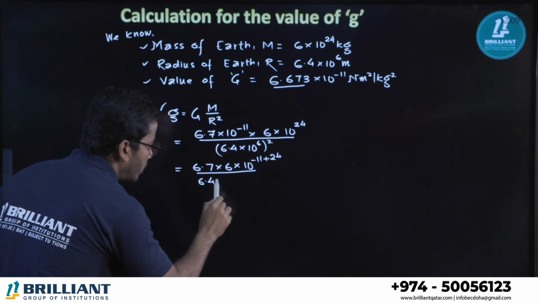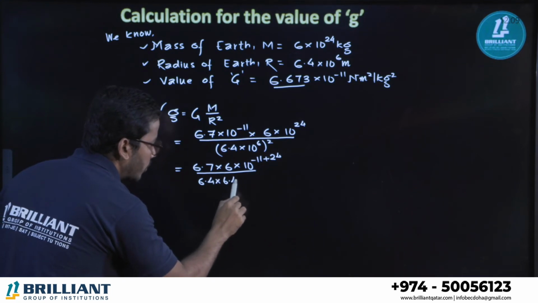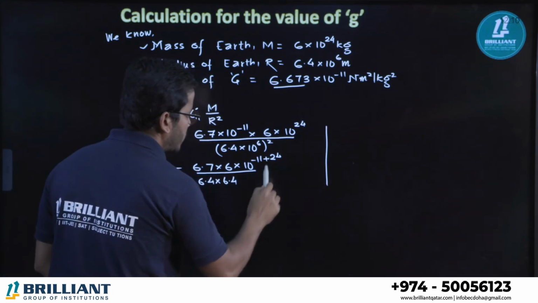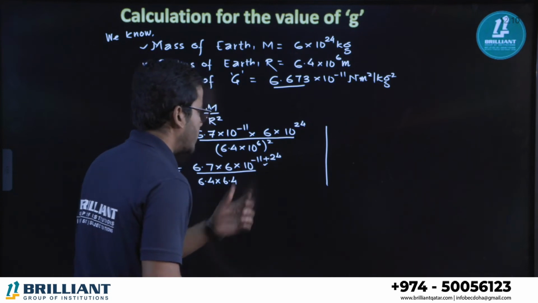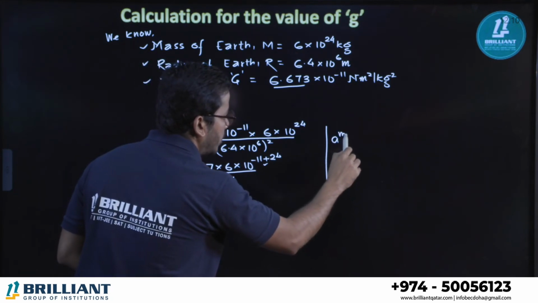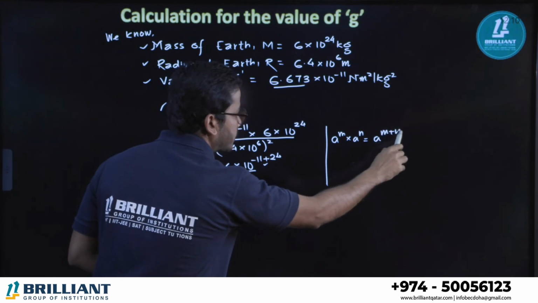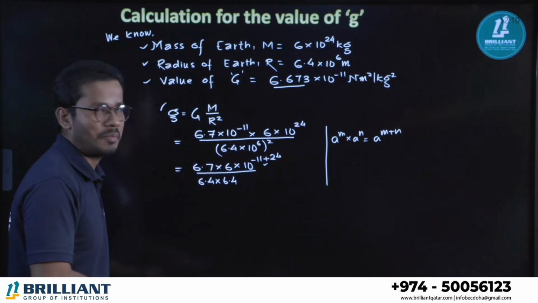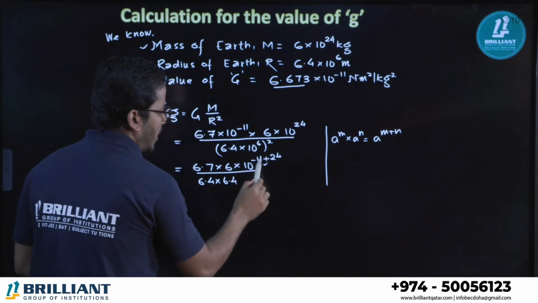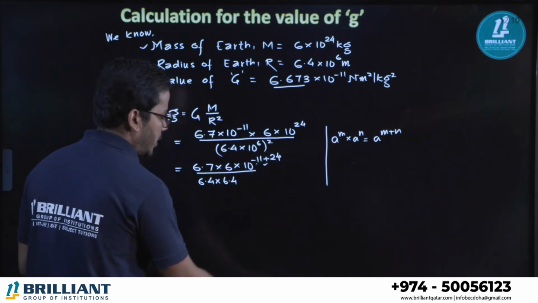Since it is a square, I'll make it 6.4 into 6.4. So check what I used in this place. Everybody knows a raised to power m into a raised to power n is equal to a raised to power m plus n. This much maths everybody knows, I guess. So minus 11 plus 24, that's what I did.